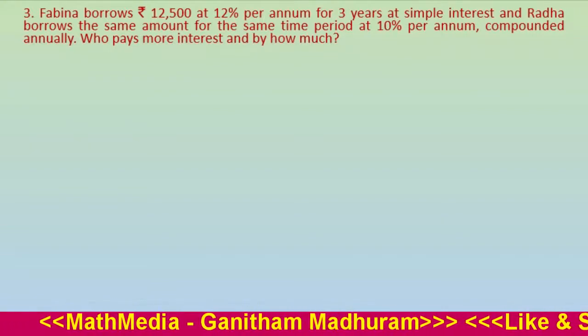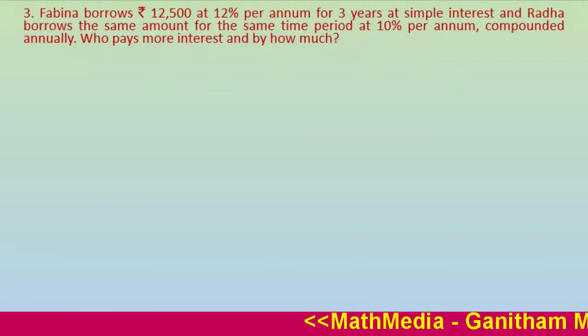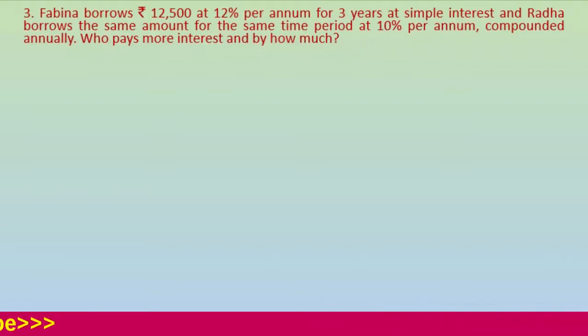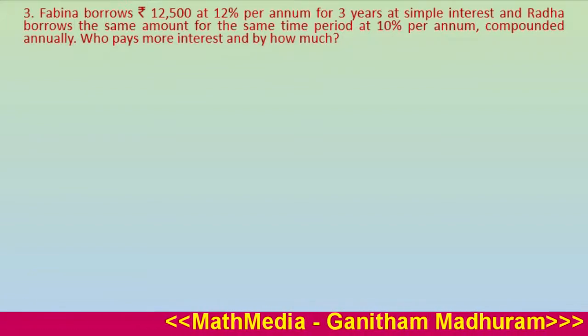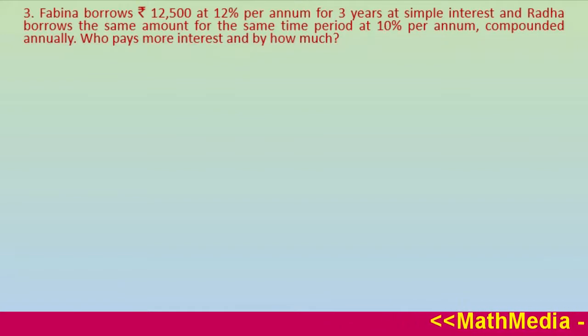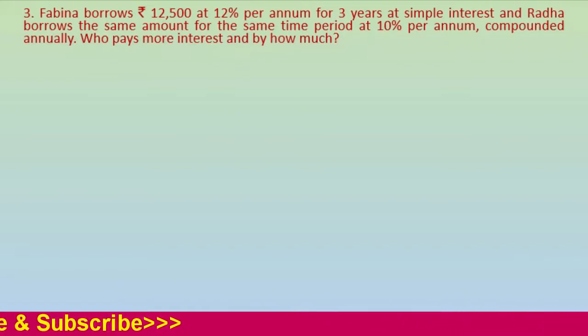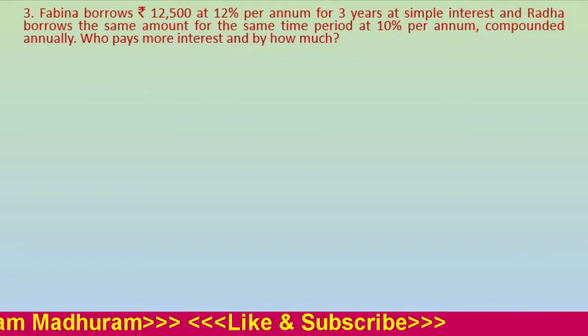Time period is the same, 3 years only. So we can find separately how much interest they have to pay. So first we can calculate how much amount has to be paid by Fabina.